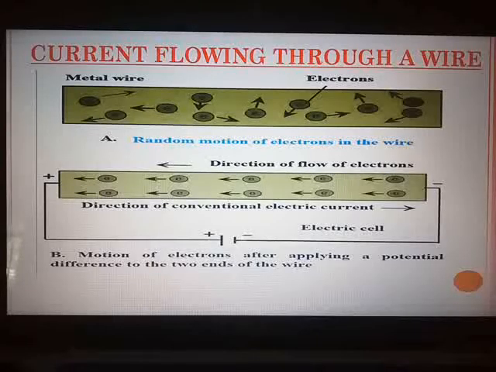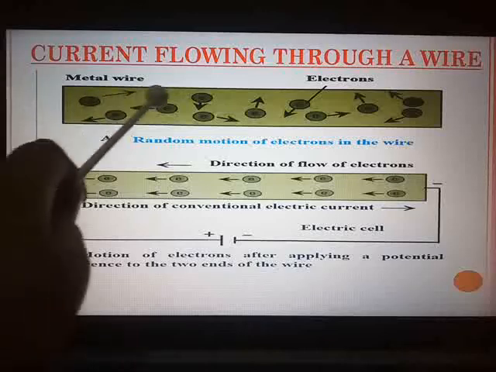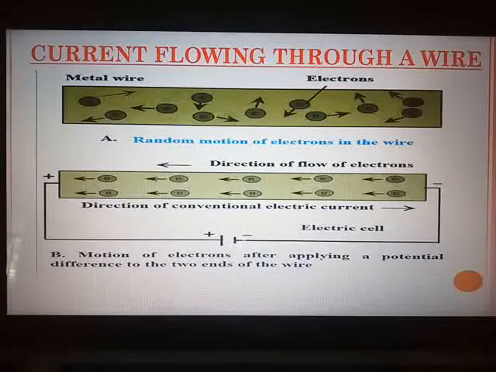They are not under any control. In every atom of a metallic conductor or wire, it has one or more outermost electrons. And where are these electrons moving? They are moving around the center of the atom, that is the nucleus. And they move randomly, and hence they are called free electrons.